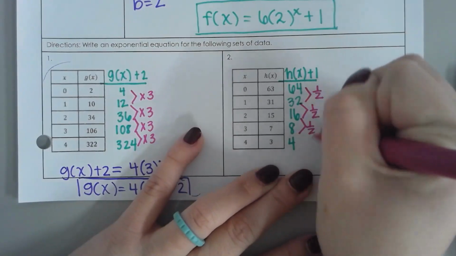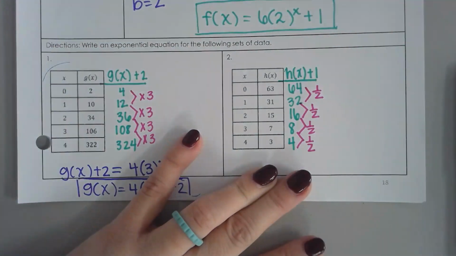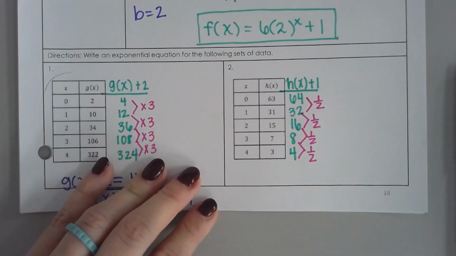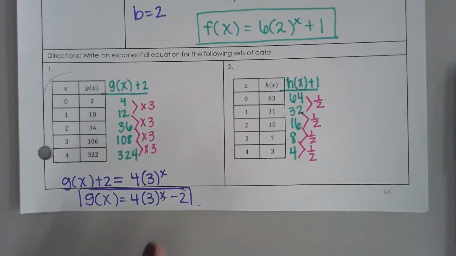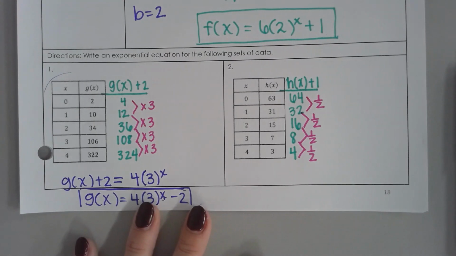Your ratio has to be what you multiply by. So 64 times 1/2, or 64 times 0.5, is 32.